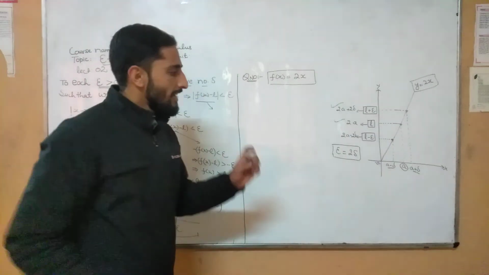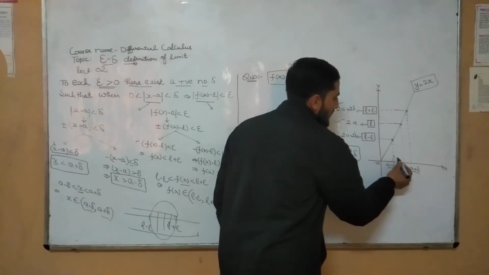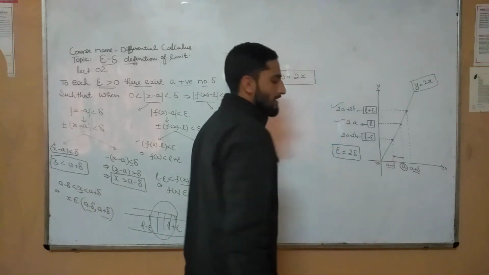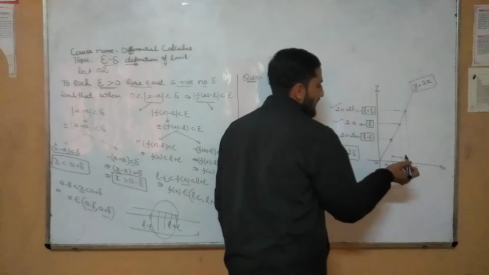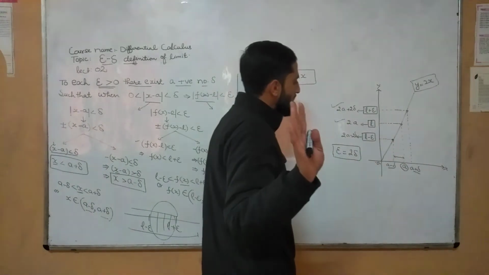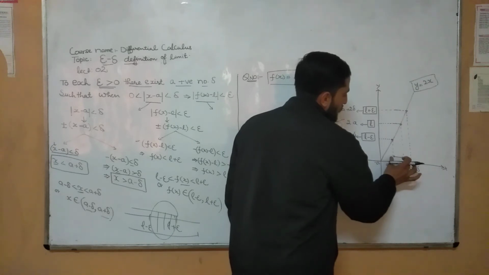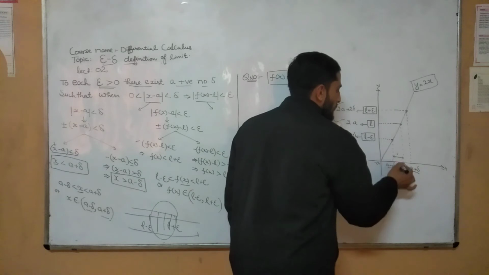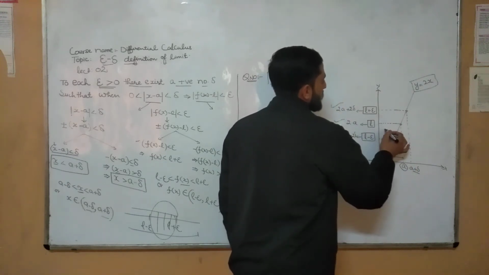It means the distance between a and a minus delta is simply, if the distance between these two points is 1 unit, then this one is 2 units.